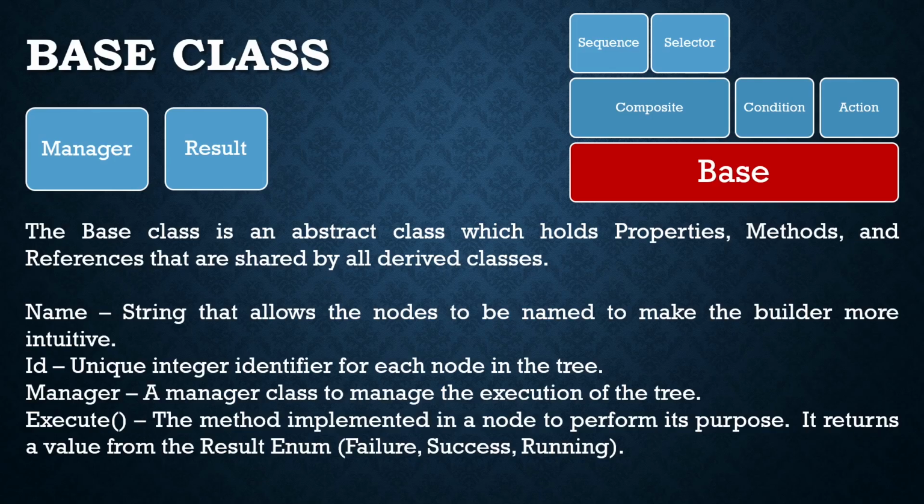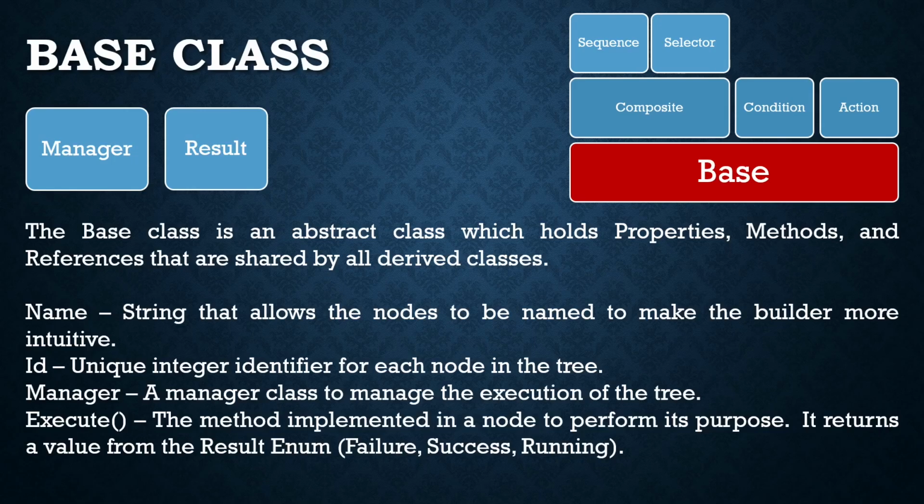It has an ID, an integer, that is used to create an identifier for each node in the tree so that we know one from the other. It also includes a manager, which is just a class that manages the execution of the tree.